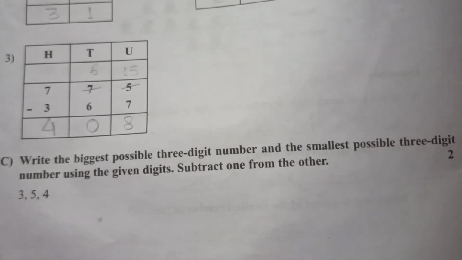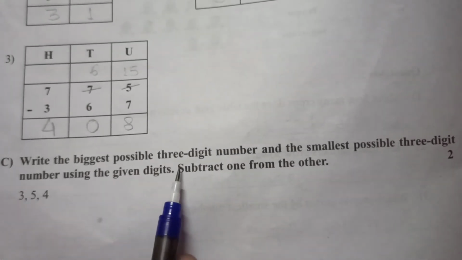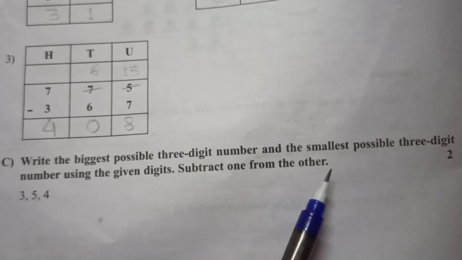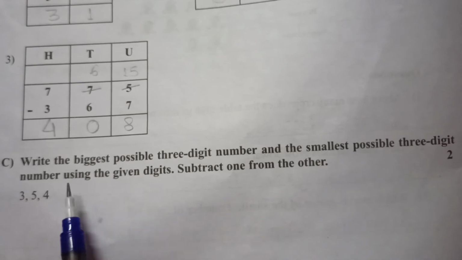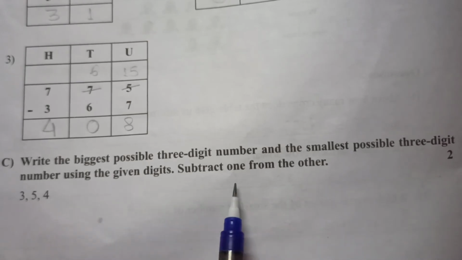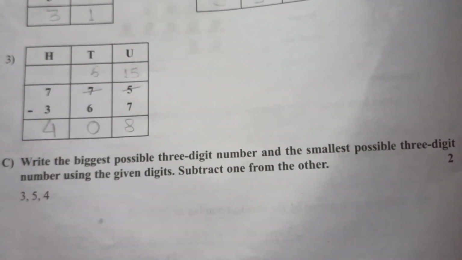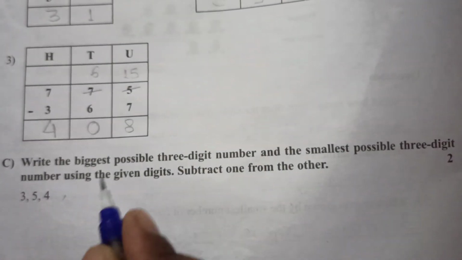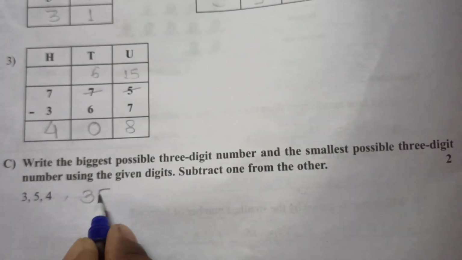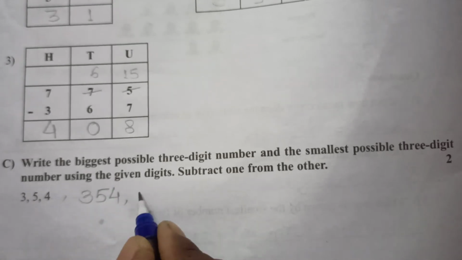Okay students, see this here. Write the biggest possible 3-digit number and the smallest possible 3-digit number using the given digits, and subtract one from the other. First of all, we have to make the 3-digit numbers.